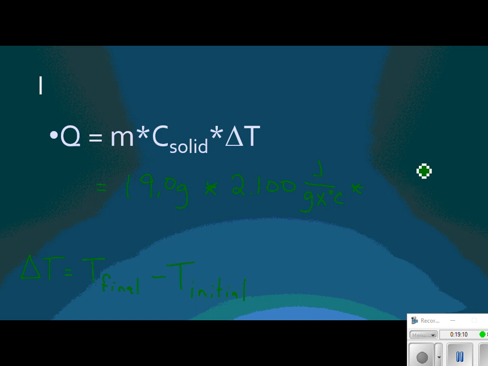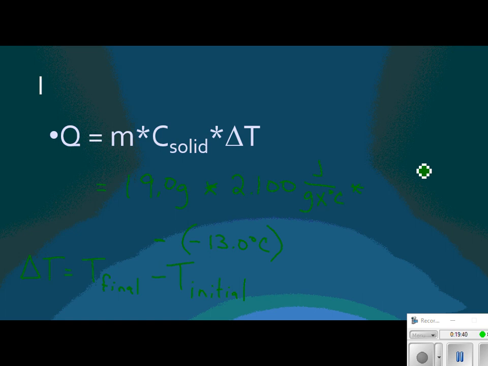Now, like I said, this is the toughest part. Usually people don't struggle with the initial temperature. Where did we start at? What temperature? Negative 13. So our T initial is going to be negative 13 degrees Celsius minus, what is our T final?